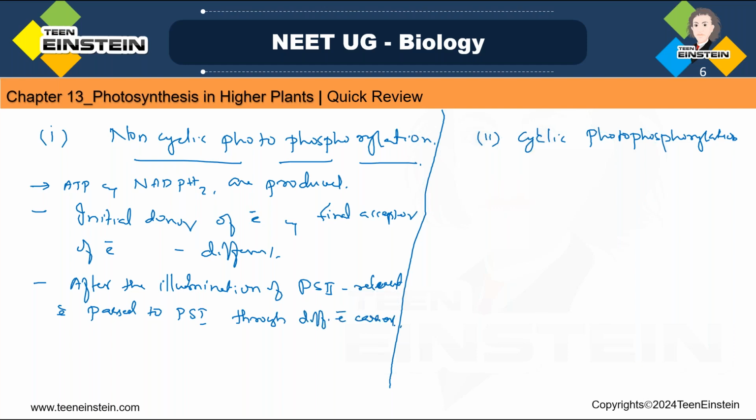And from PS1, the electron is finally provided to ferredoxin, or FD, and that helps in the synthesis of NADPH2 from NADP.